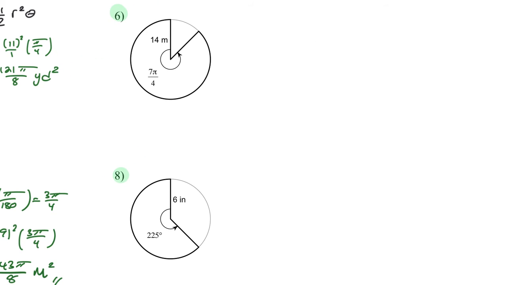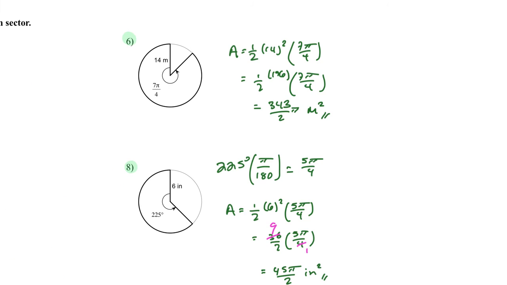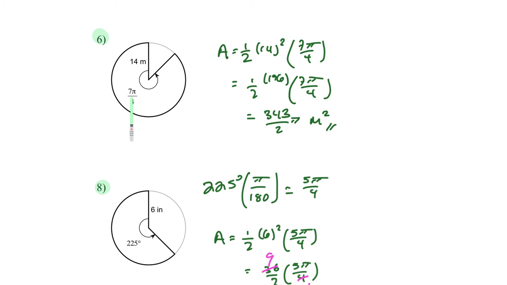Okay, so number 6, it's in radians, so I'm just going to plug it in. So I have 1/2 times 14 squared times 7 pi over 4. So it's 1/2 times 196 times 7 pi over 4. And again, after I simplify and multiply everything, I'm going to have 343 pi over 2 meters squared.